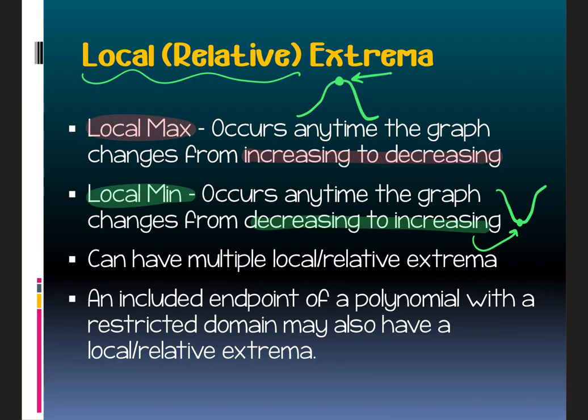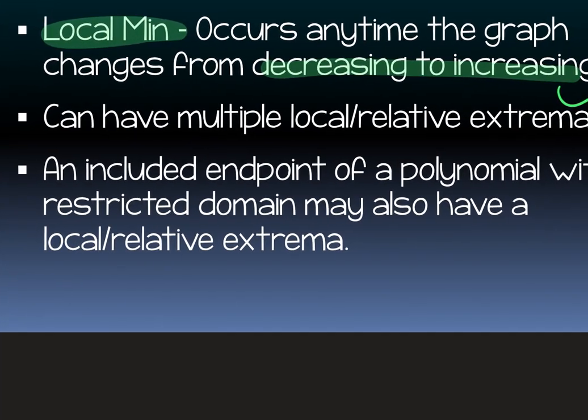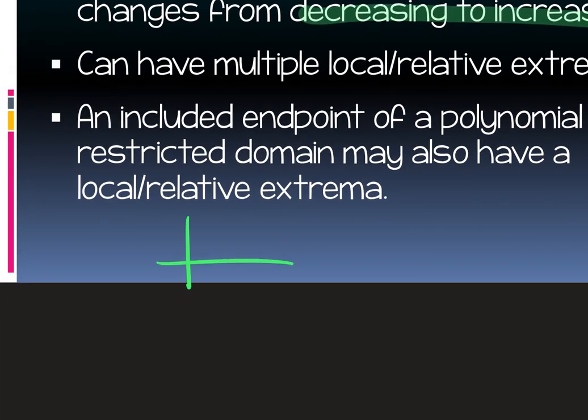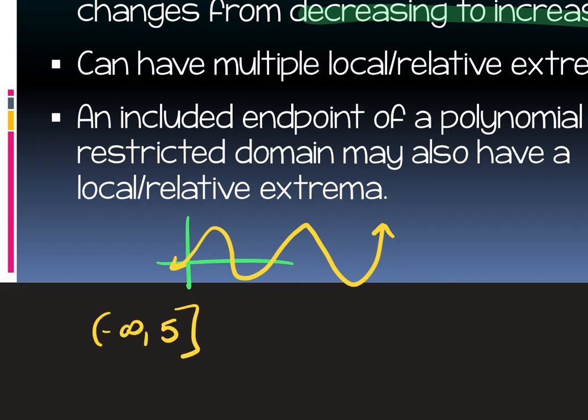And then this is important. An included endpoint of a polynomial with restricted domain may also have local or relative extrema. What that means is if I take a polynomial that's graphed, and it would continue on, but then I restrict the domain from negative infinity to 5. That means I'm literally going to cut it off there.